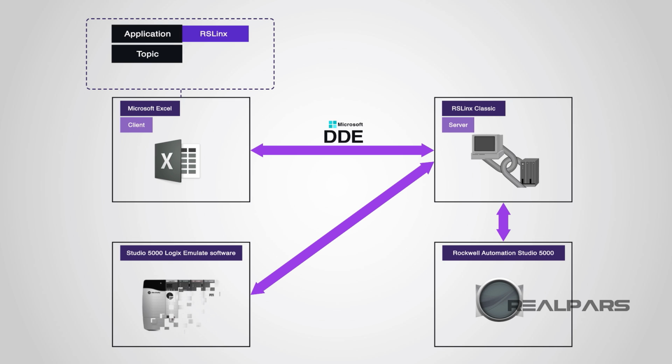For example, RealPars Excel. And the item. Any number of different items may be referred to identify data to be passed between the applications. For example, Excel recognizes cell references as items, Word recognizes bookmarks as items, and RSLinx recognizes program tag names as items.